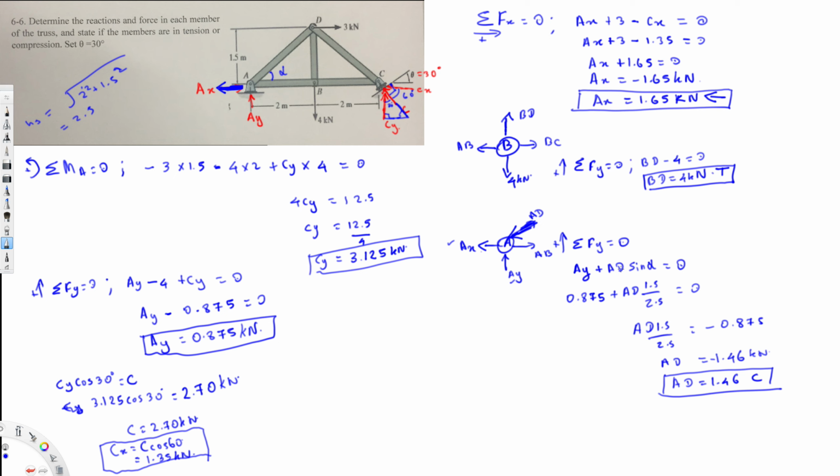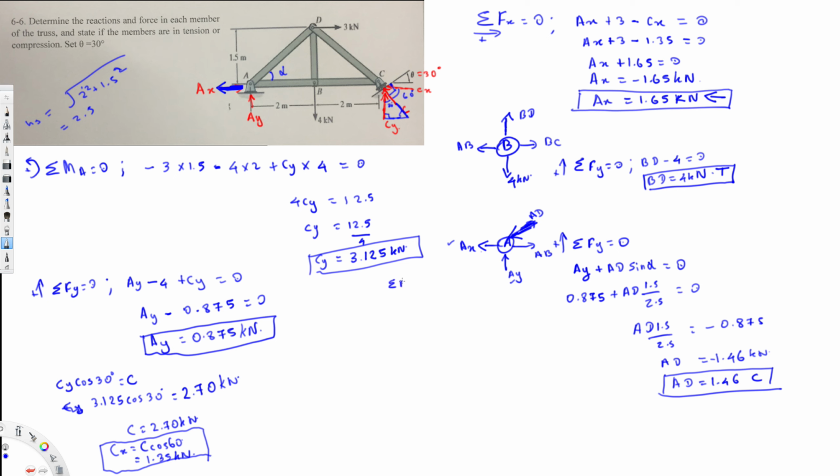So from this information, we have AD right here. Now I can find AB using this one, because we know Ax, we know AD. Now I can find AB by taking the horizontal components. Let's take the horizontal components.